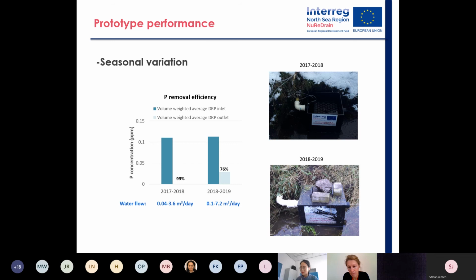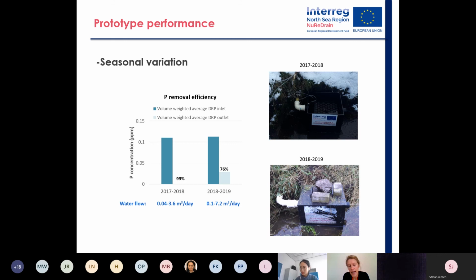One of the problems is that in winter, some of the water levels in the drains are too high and even cover the outlet of the filter. Then it just means the measurement could be difficult, but I think the filter itself afterwards still works very well.